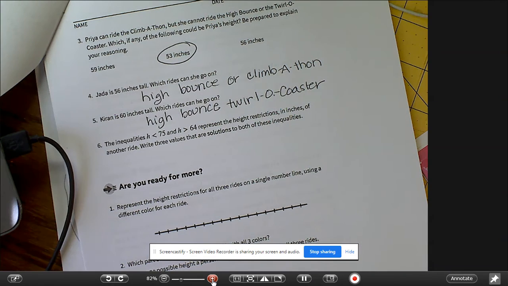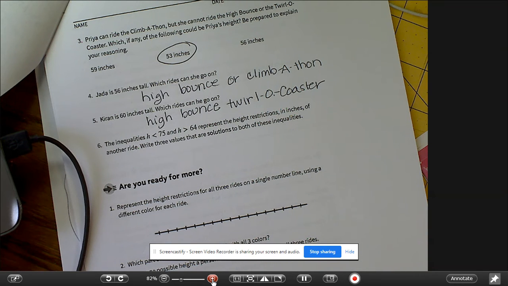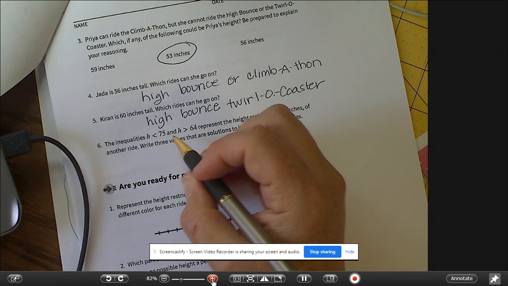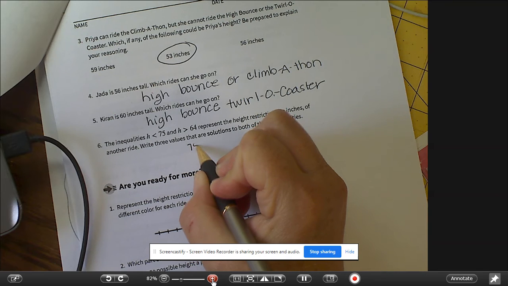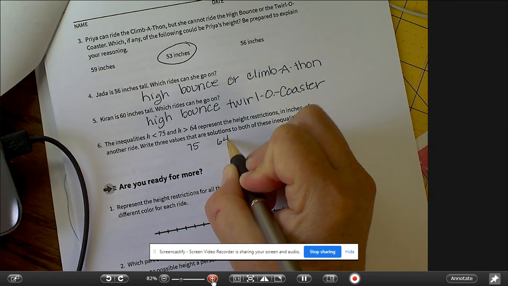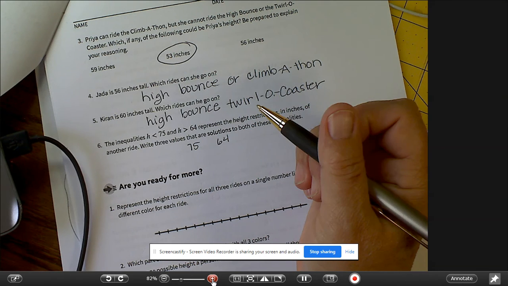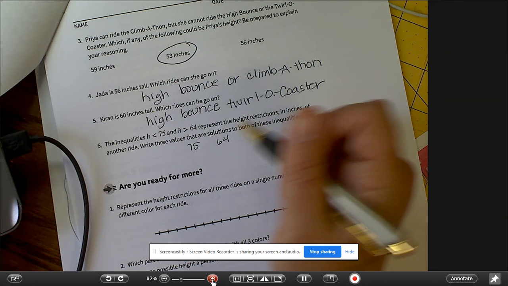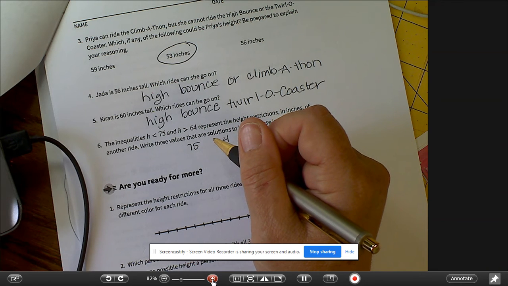Okay, and then number 6, the inequalities h is less than 75 and h is greater than 64 represent the height restriction in inches of another ride. Write 3 values that are solutions to both of these inequalities. So between 75 and 64, anything between these two.